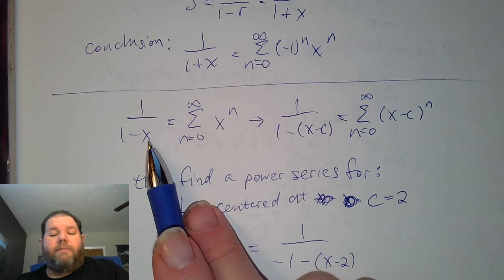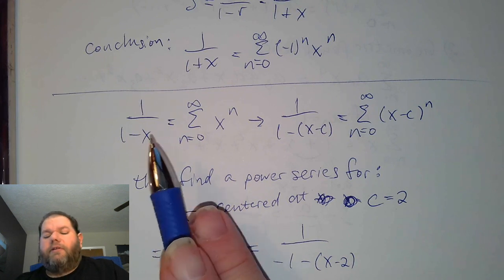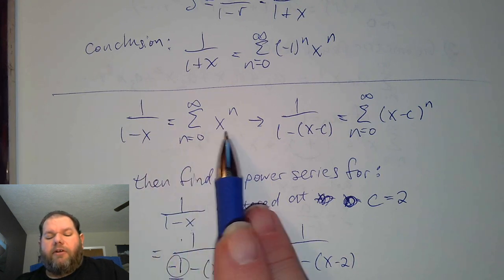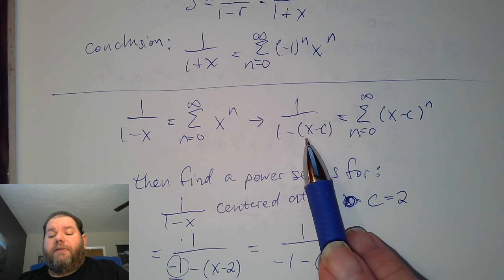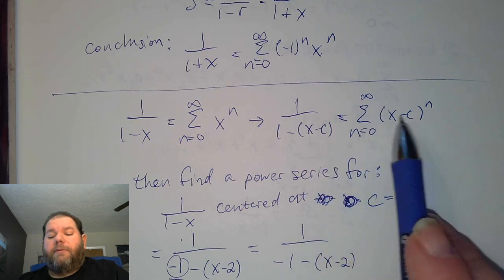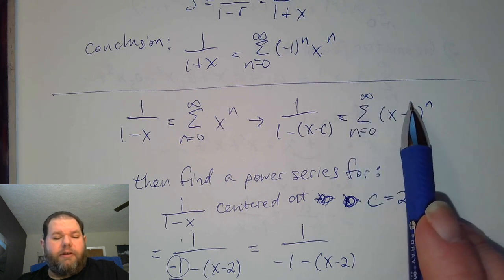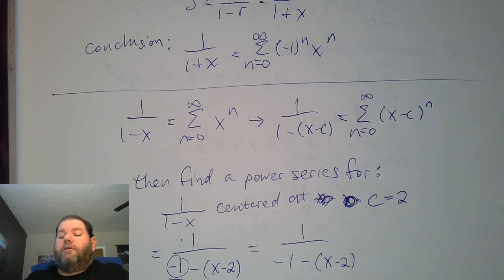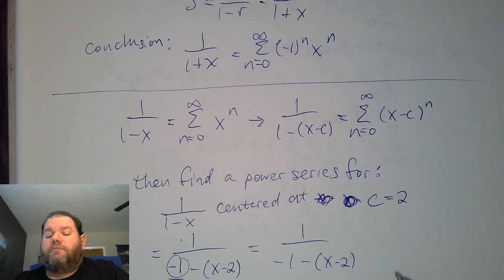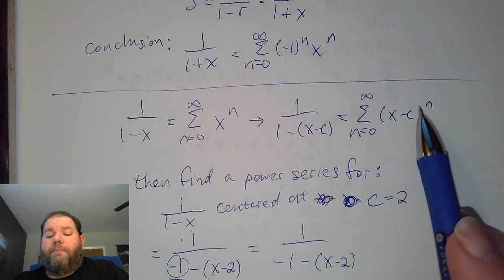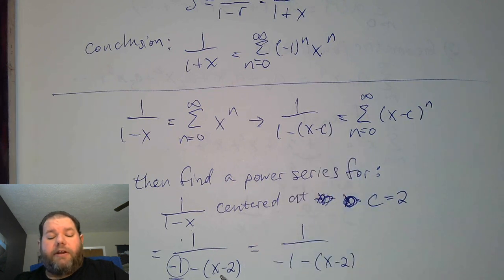So this is just x minus 0, or plain x, and that's why that one's not too bad, it makes a direct connection. But if we want something centered at c, then it'll be x minus c raised to the nth power when we write it in terms of the summation. So we want a power series for 1 over 1 minus x centered at c equals 2. That means we need x minus 2 right here in this location.